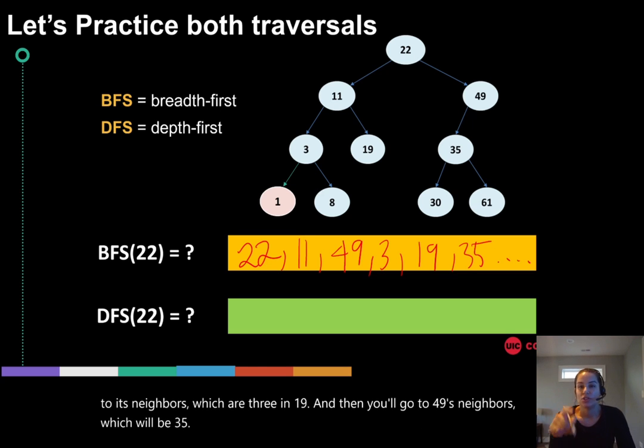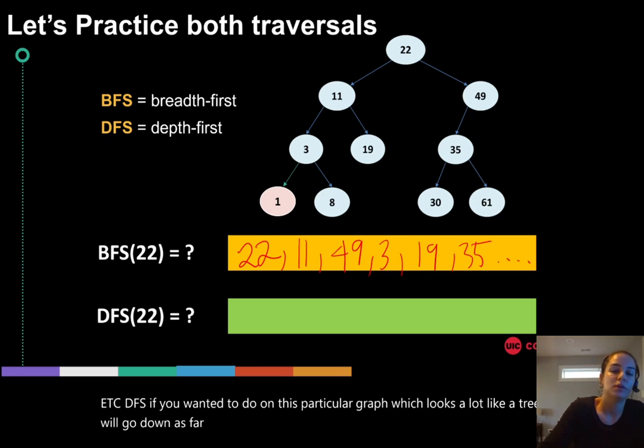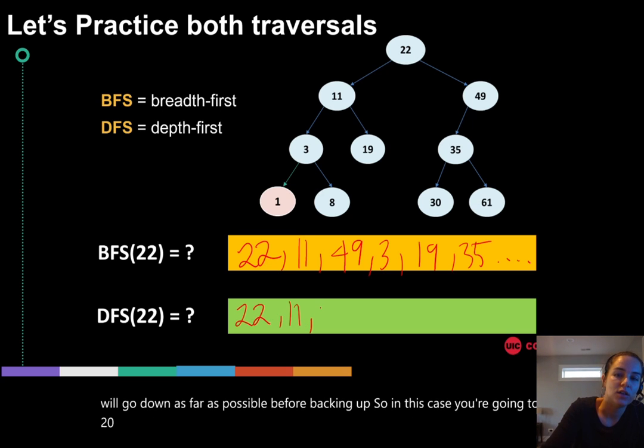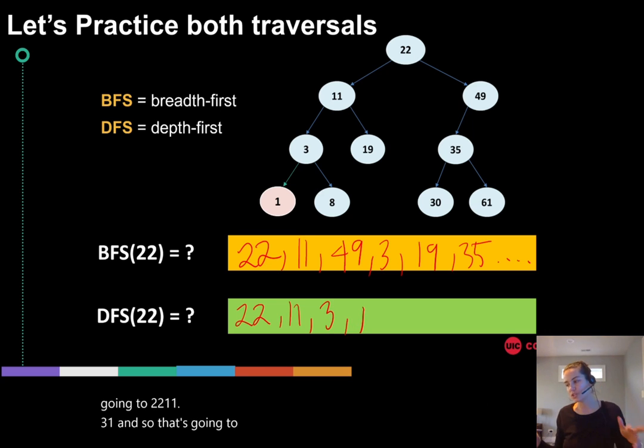DFS, if you wanted to do it on this particular graph, which looks a lot like a tree, will go down as far as possible before backing up. So in this case, you're going to go to 22, 11, 3, 1. And so that's going to go to the first neighbor of every node, and it will get you to 1.